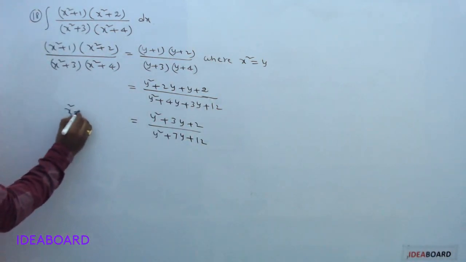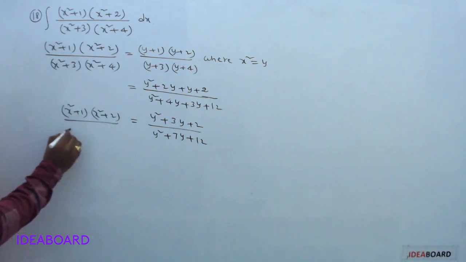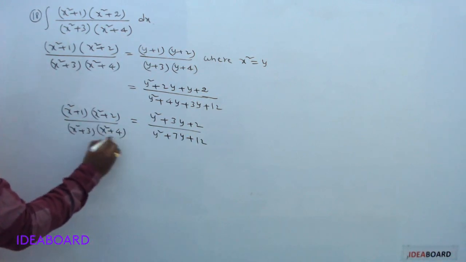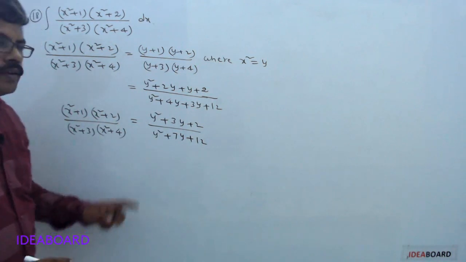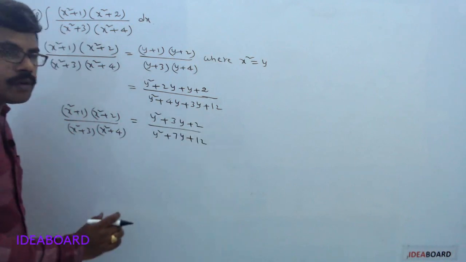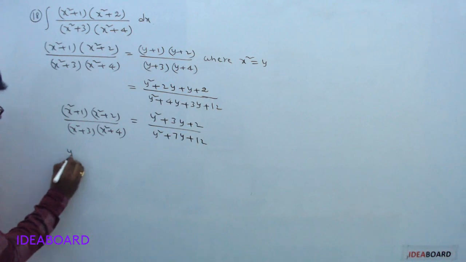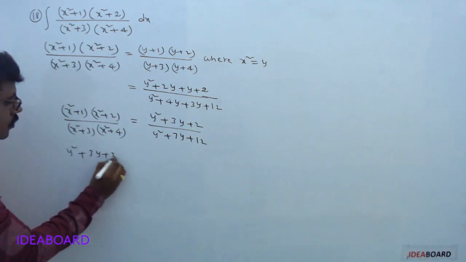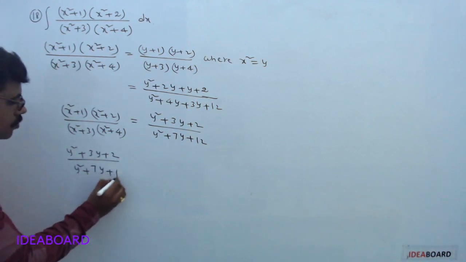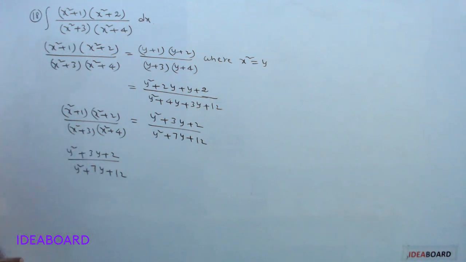This is (x square plus 1)(x square plus 2) divided by (x square plus 3)(x square plus 4). Now here, degree of numerator equals degree of denominator, it is an improper fraction. Now take this improper fraction separately. This is y square plus 3y plus 2 divided by y square plus 7y plus 12. Now divide this numerator with this denominator.